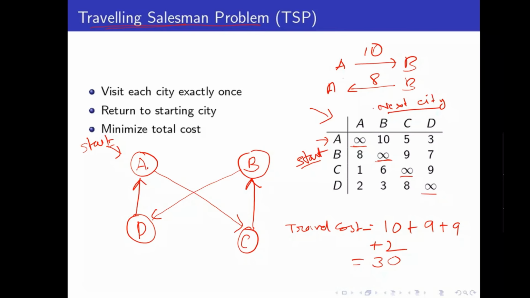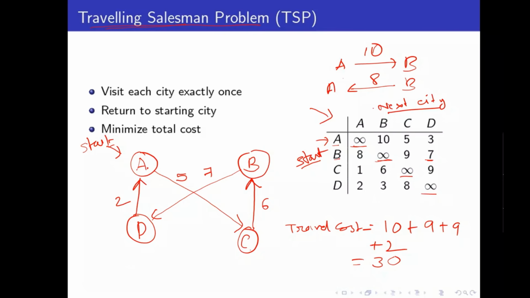So I am starting at A going to C. So we'll take A, C. Cost is 5. Then we start at C, go to B. Cost is 6. Then we start at B and go to D. Cost is 7. And from D to A, cost is 2.